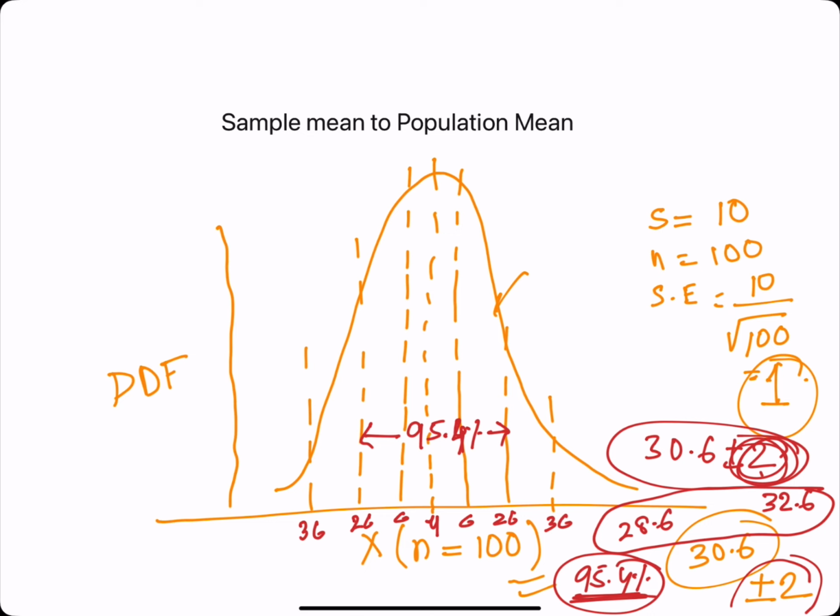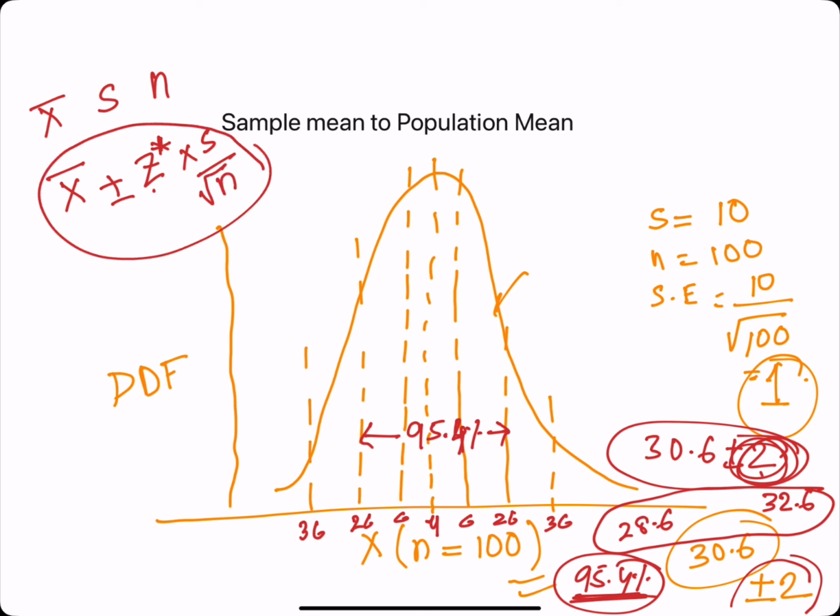So, to generalize, if you know the sample mean as x bar, the sample standard deviation denoted by small s, and the sample size denoted by n, the confidence interval can be calculated as x bar plus minus z star multiplied by the sample standard deviation by root over the sample size, where z star is the z-score corresponding to the desired confidence level.